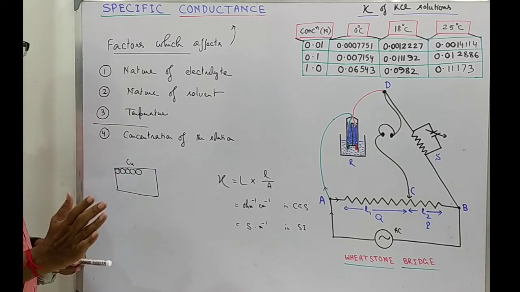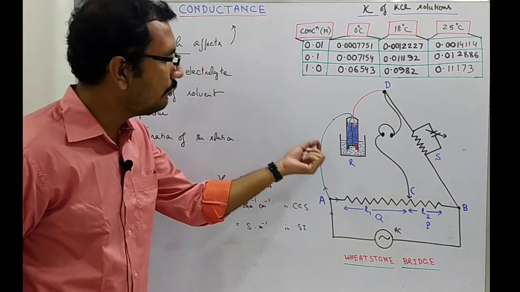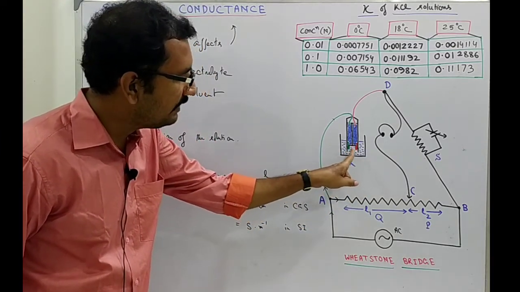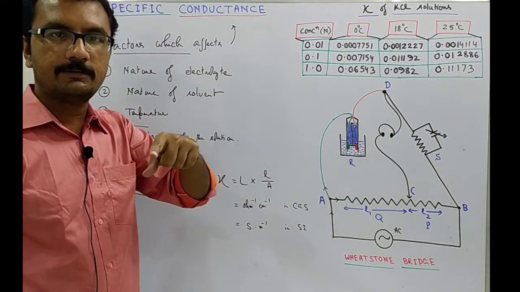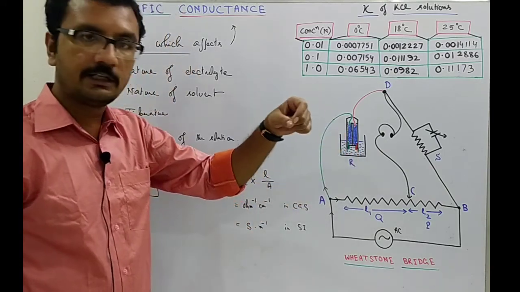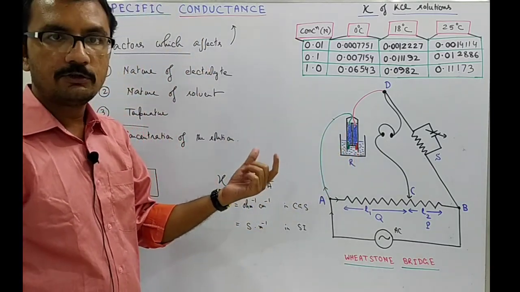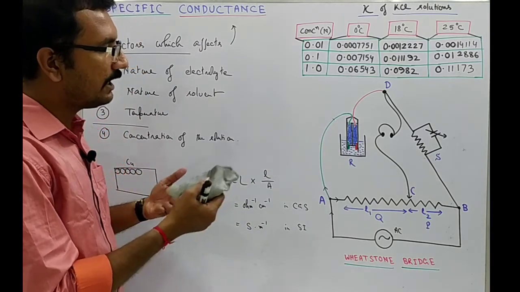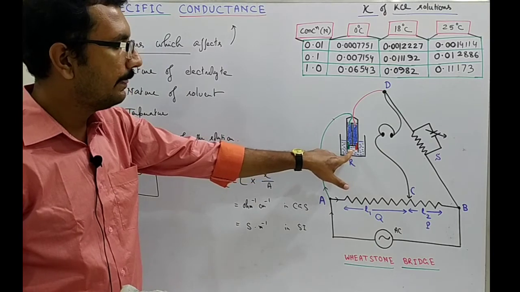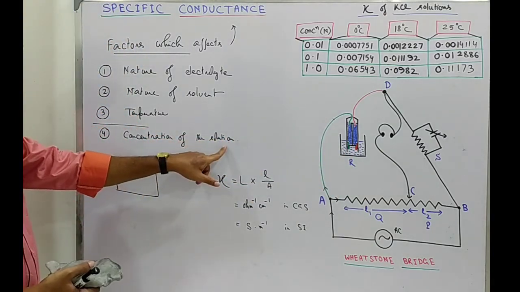No. But here in this electrolytic solution, how much amount of KCl you want to place between these two electrodes, it is your choice. If you take small amount, there will be small number of ions. If you take large amount, there will be large number of ions. So, depending upon the amount per cc, that is concentration, the number of ions may vary. So, the specific conductance depends upon the concentration of the solution.